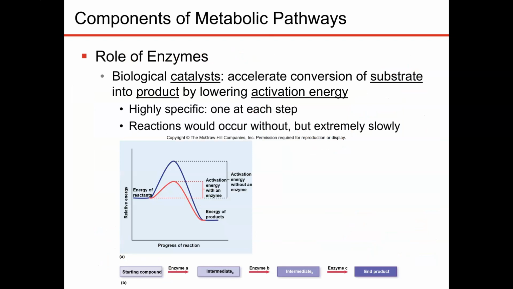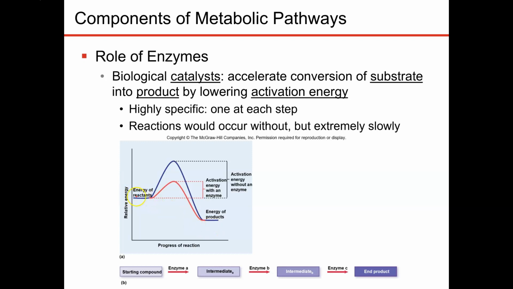So how do enzymes play into this? Enzymes in general are protein catalysts that increase the rate of a reaction by lowering the amount of energy needed for that reaction to occur. And so this is a figure from your textbook that just shows here you have the energy of reactants.